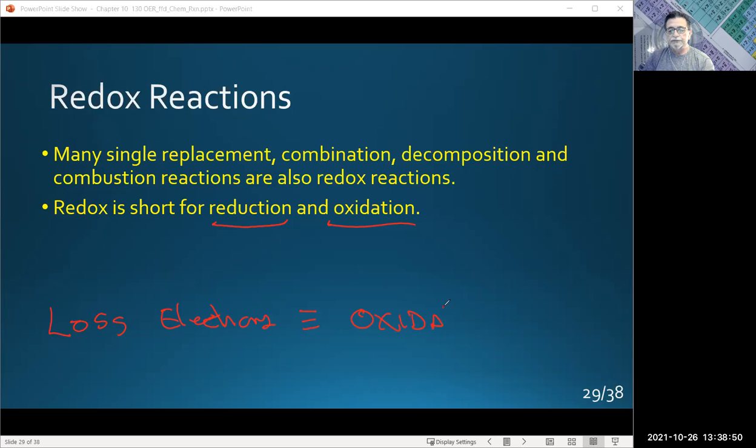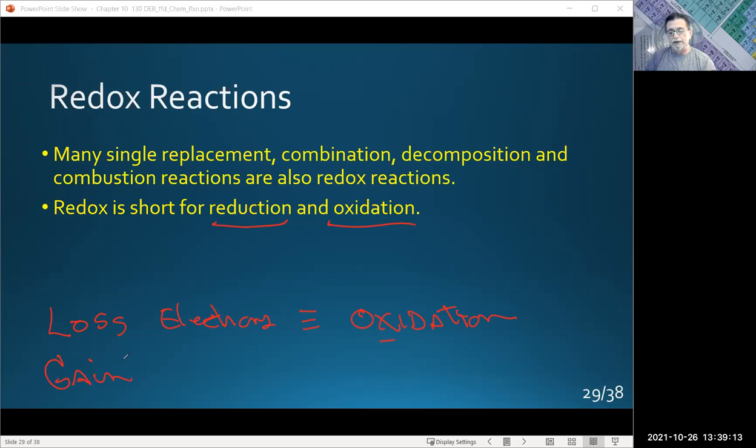When a chemical species loses electrons, it is called oxidation. Sometimes it helps to think of X as exit the building, so to speak: your electrons are being lost and they're going someplace. So that's one way to maybe help you out.